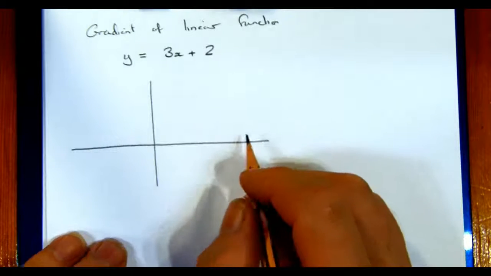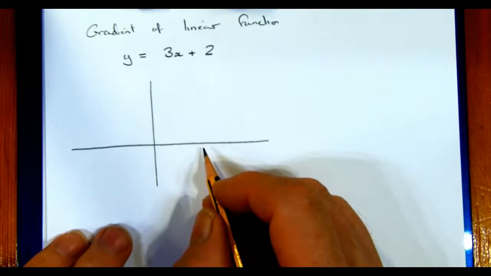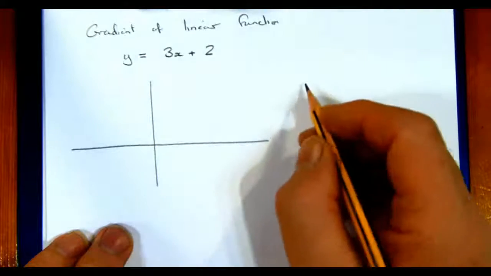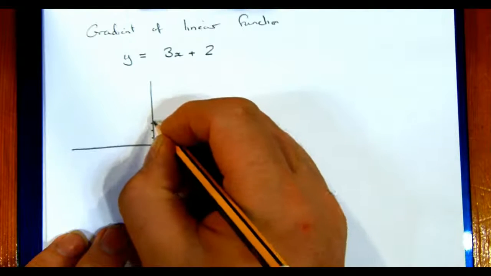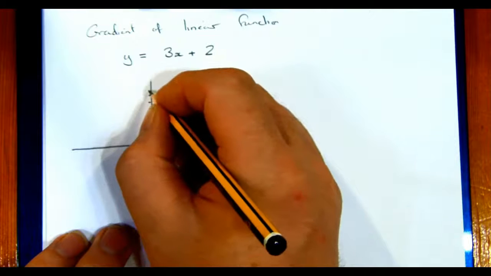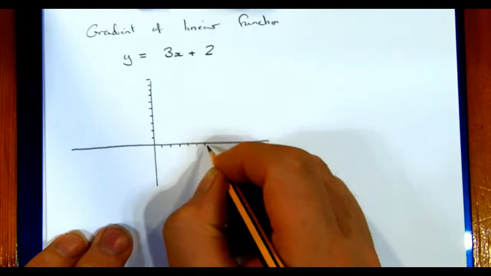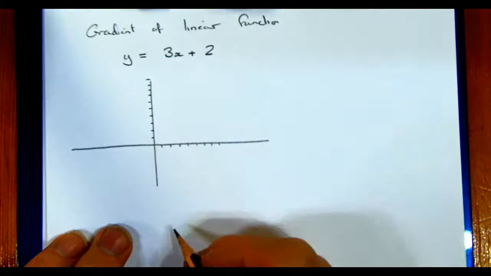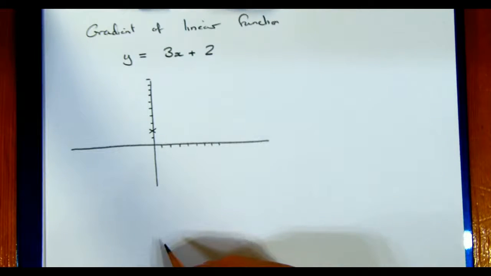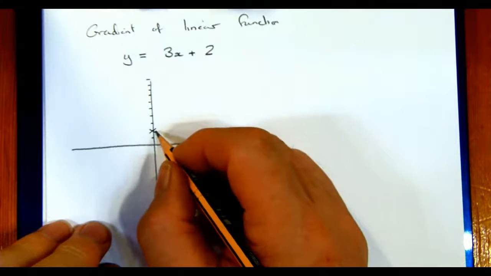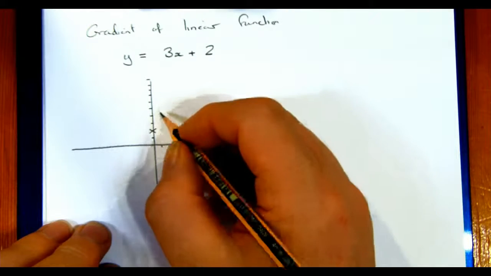Well, what do we know when we try and consider this straight line? If we've got this y equals 3x plus 2, we know various bits and pieces about this. So let's just put in some marks, and I know this line is going to cross here at 2, and for every one I go across, we're going to go up 3.